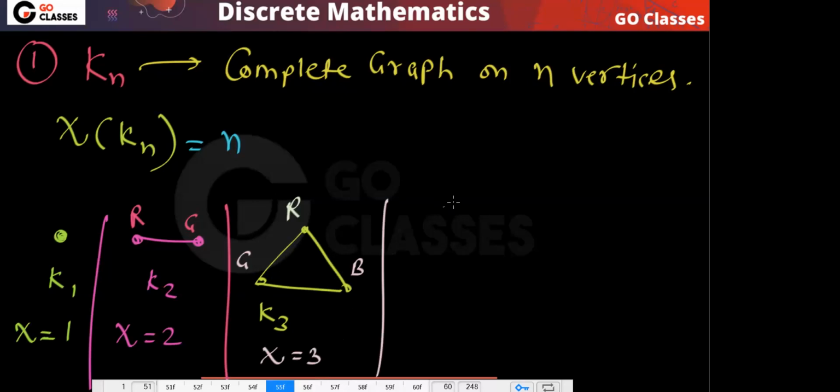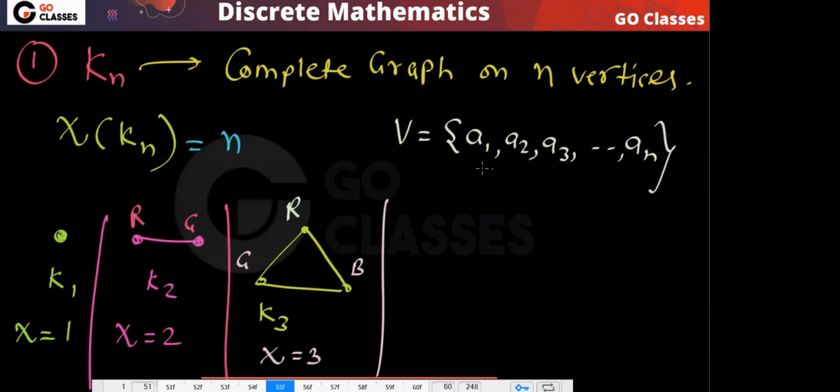So this is the simple idea that if you have a complete graph, like you have these vertices, let's assume a1, a2, a3 and so on, an. So these are your vertices.